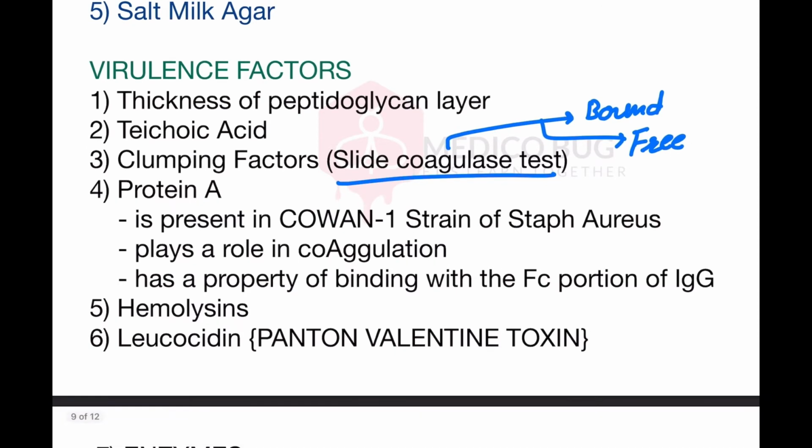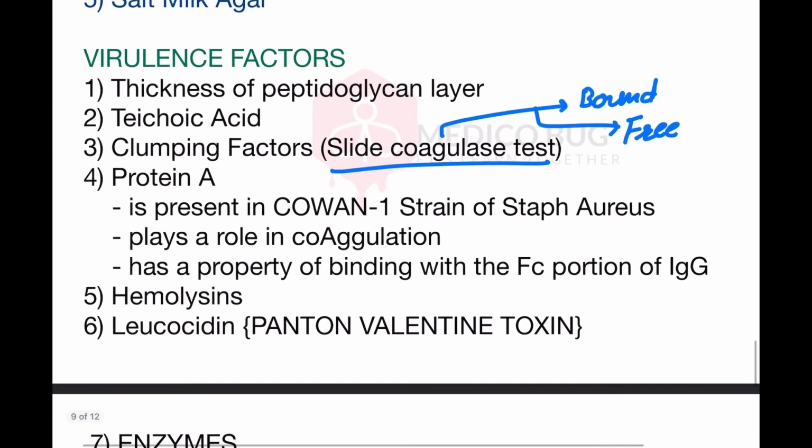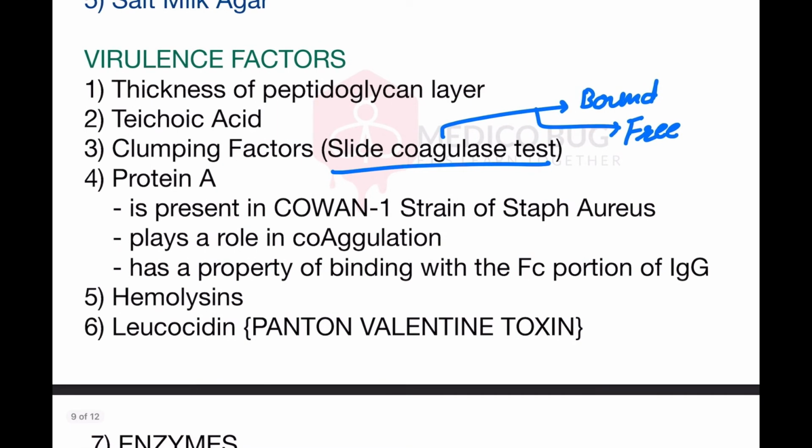And there is protein A. This protein A is not present in every Staph aureus strain. It is particularly present in the COWAN 1 strain of Staph aureus, and it also plays a role in coagulation. It has a binding property with the Fc portion of IgG.